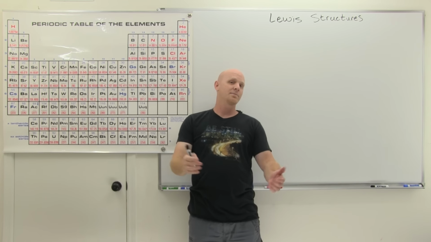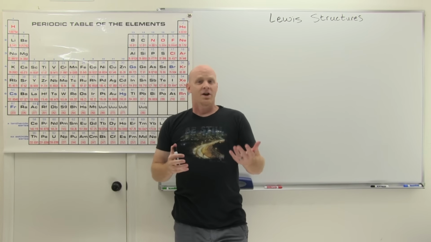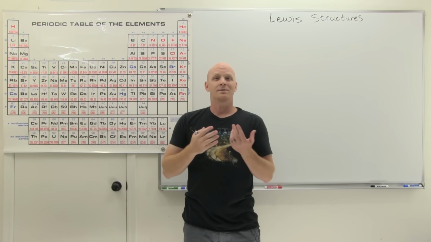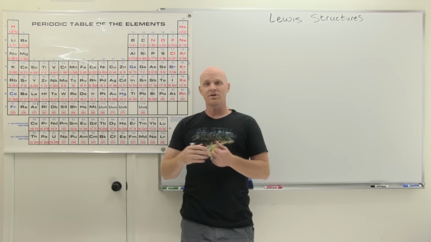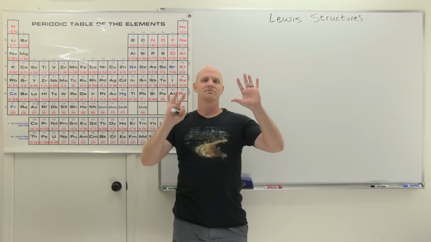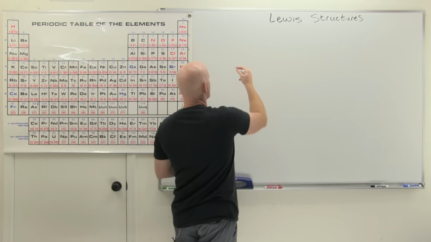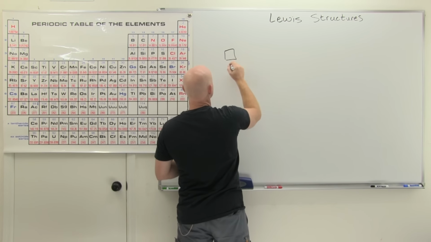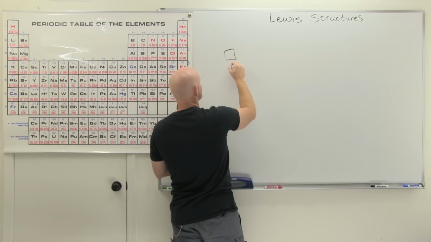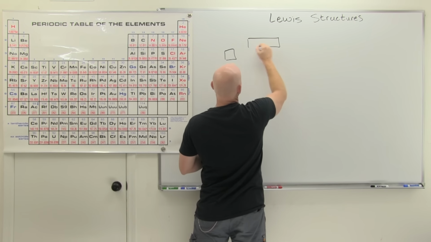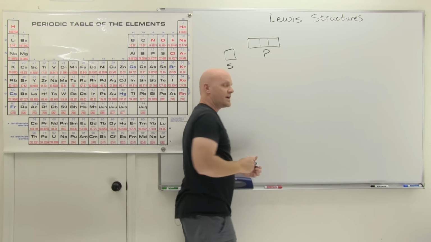But let's talk about that octet rule. The octet rule says most atoms are struggling in their existence to have 8 valence electrons. And we should talk about where that comes from first. In any typical shell, there's going to be an s subshell and a p subshell for where electrons can live.